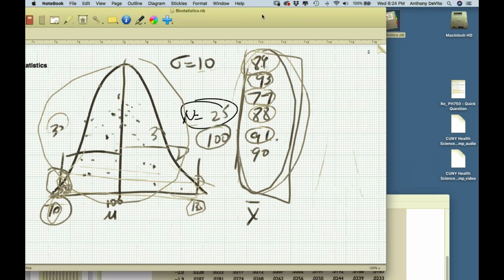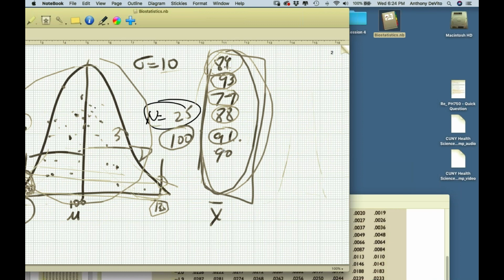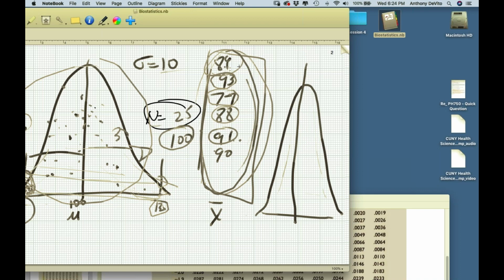So what is that going to look like? Well, we know that the samples approximate the population mean. I don't have much room here to do this, but I'll try and draw it as best I can. The mean of all these sample values is going to approximate the population mean. Maybe I should call that 90, but the spread is going to be much smaller. So now instead of a standard deviation of 10, maybe the standard deviation is something like 2.